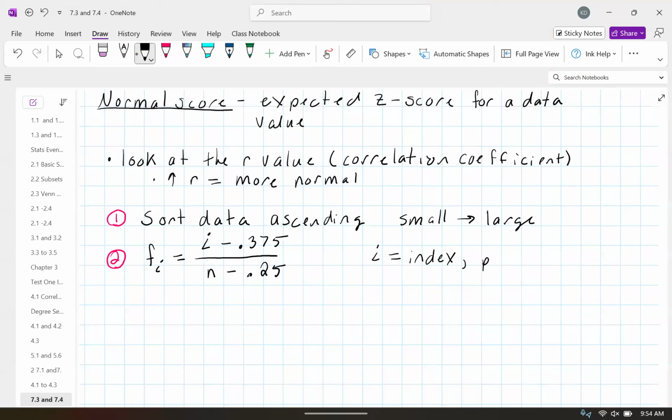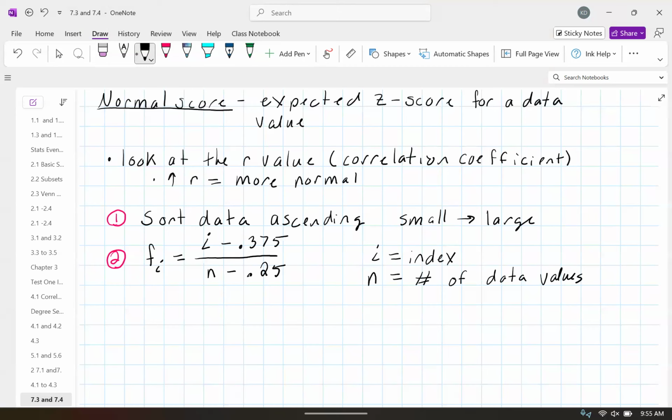We'll look at some examples. n, as usual, is our number of data values. That's what n always is. It's either the number of data values or the number of data pairs, which is functionally the same thing. You'll notice we don't use each data value anywhere in our f, because this is all about the position of our data values.